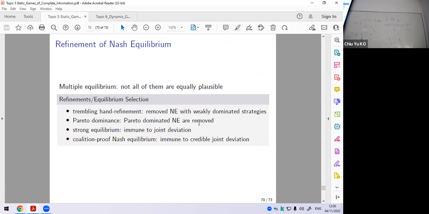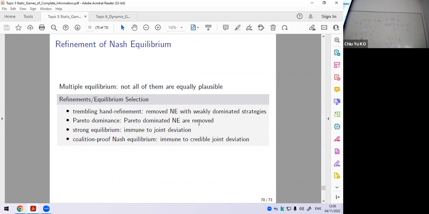So that's why in the 80s someone came up with the idea we call coalition-proof equilibrium, from 1987, by Bernheim and others. What it says is immune to credible joint deviation. The definition is very simple, although mathematically complicated. You ask if some of us want to jointly deviate.